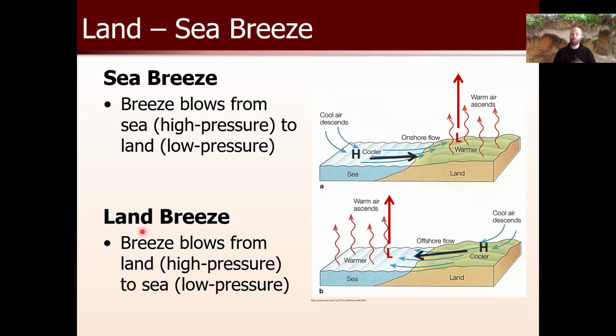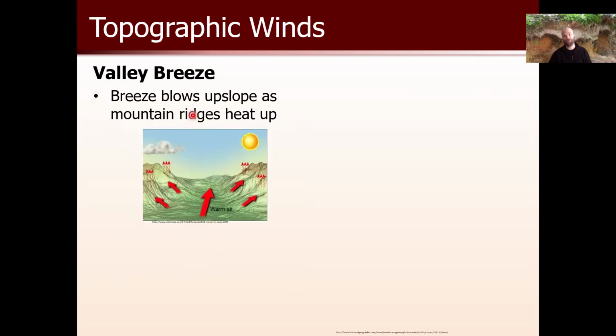And so really on a diurnal cycle near an ocean or here in Lake Superior, especially in the summer and a sunny day or string of sunny, warm days, you have this alternating sea breeze and then land breeze at night.